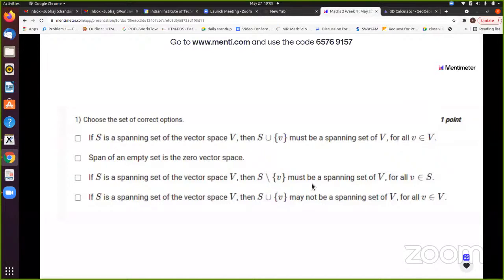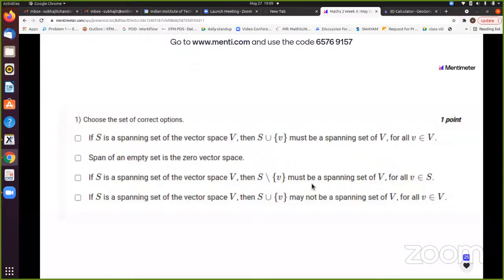The question, so option 3 will be correct because we are saying S is a spanning set, and from that we are just deleting. Let us say I am removing some vectors from it. Then it will be a spanning set of V, right? Right, sir? Yes.